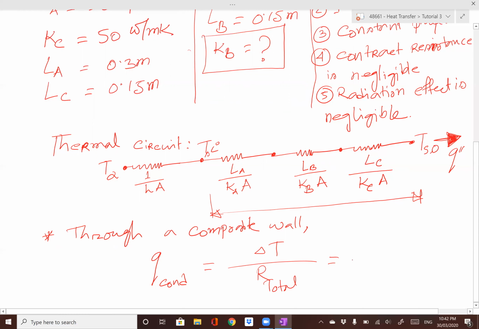So here the temperature difference is the oven inside temperature minus the oven outside temperature, divided by the total resistance: thermal resistance for material A, thermal resistance for material B, and thermal resistance for material C.